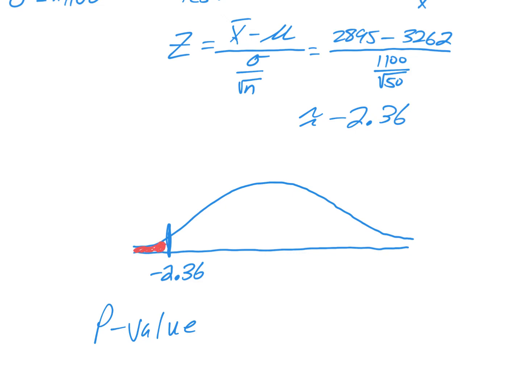This is a less than problem. When you pull out your z-score chart and look up negative 2.36, what it says in the body of the chart is what's to the left. So I look it up and I see 0.0091. So the p-value in this problem is 0.0091.